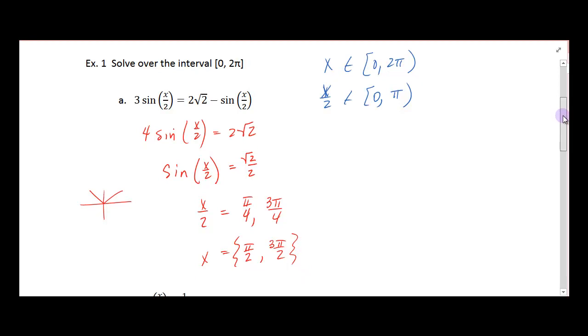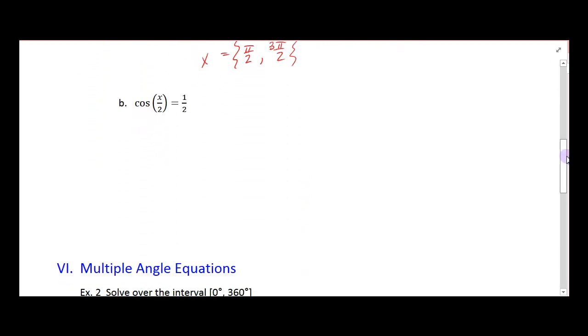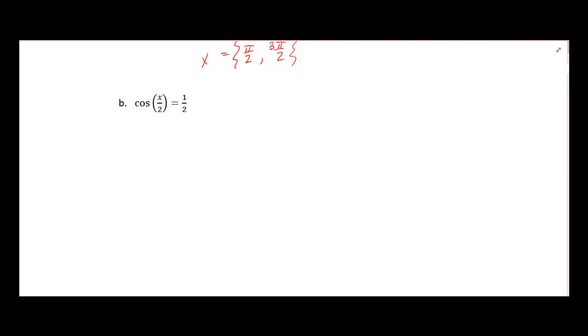Let's look at another one together. This time, we're asking ourselves, what's the cosine of some angle that's equal to 1/2? First, let's go through and identify our interval again. So we know that when x is on the interval between 0 and 2 pi, then x over 2 is on the interval between 0 and pi.